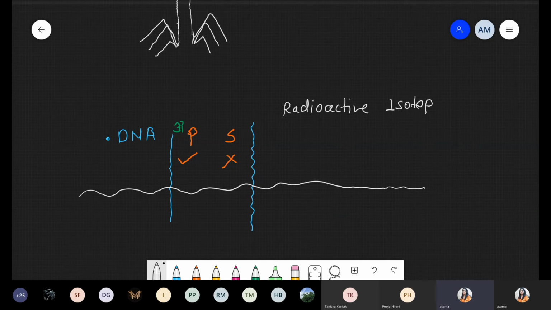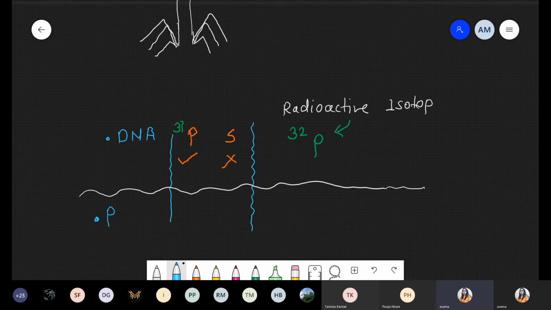And P31 is the normal form of the phosphate, but in this experiment, scientists Hershey and Chase used phosphate that is P32, which is an example of a radioactive isotope.